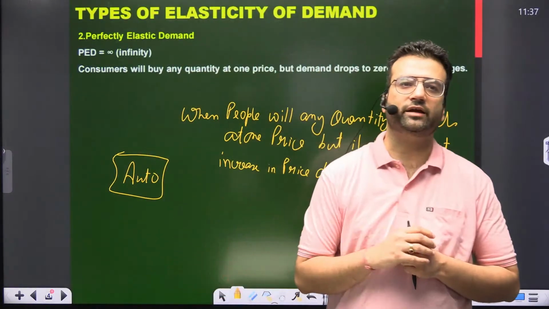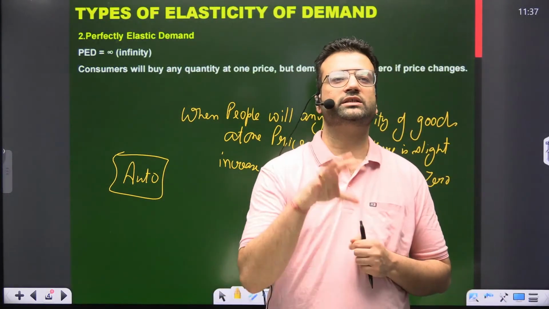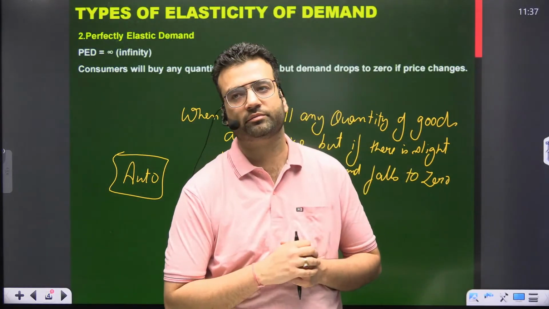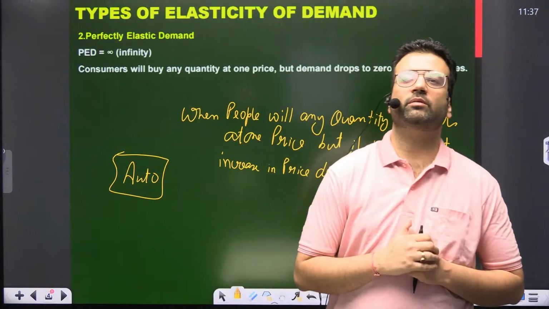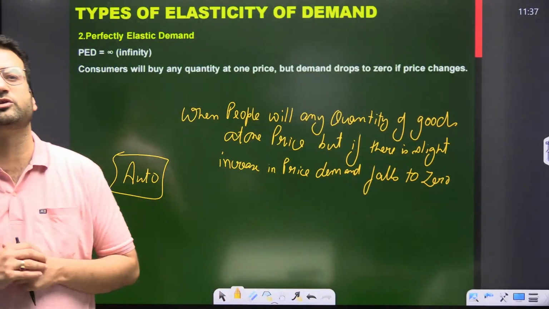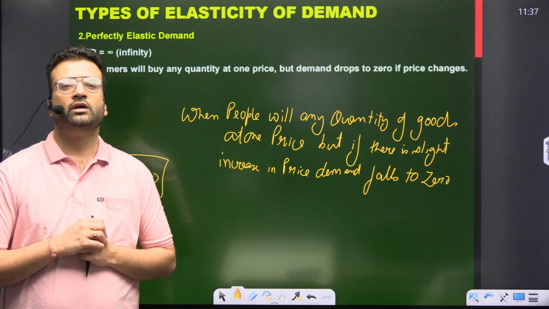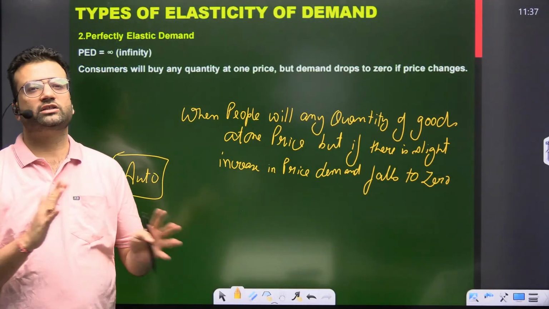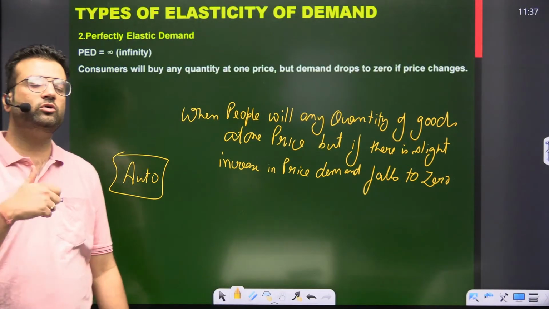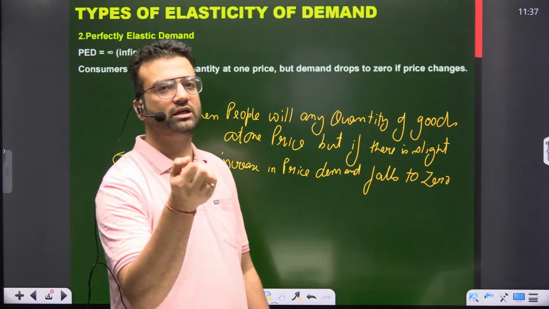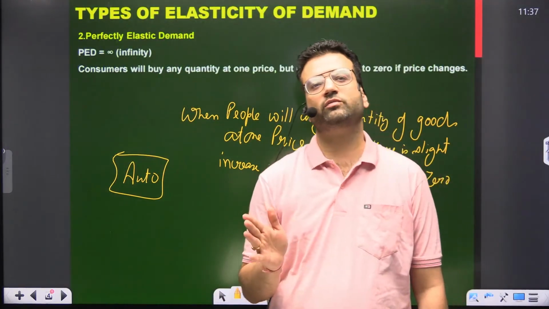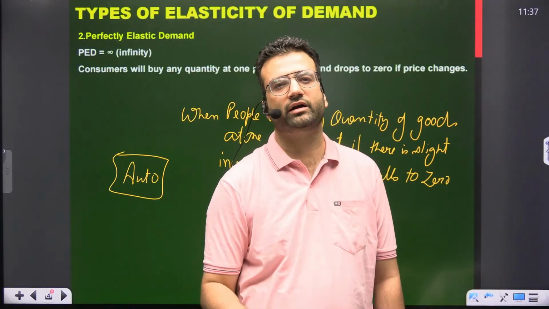One more example. In your city, wherever you are living, there is an electronic market where mobile phones and laptops get repaired. There is a particular place in Delhi, Nehru Place, where there are hundreds of shops for mobiles, laptops and all that. Most of them will charge the same prices. Suppose I go to shop A, he says, sir, the expenditure will be approximately 3000. Shop Y will say 2500, 2800.